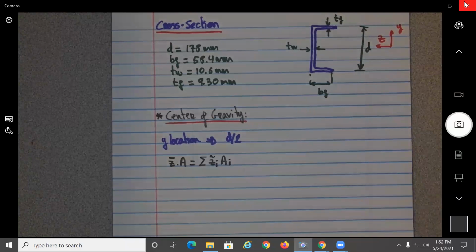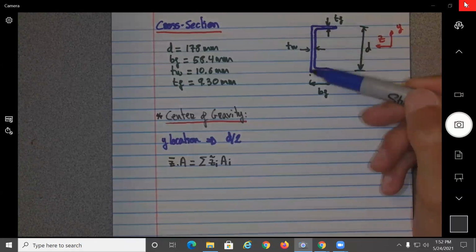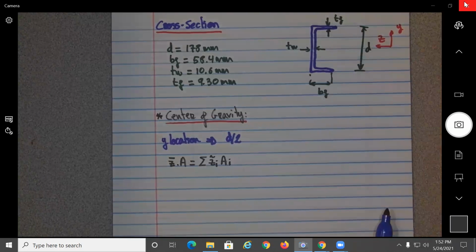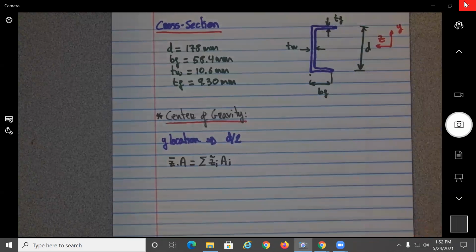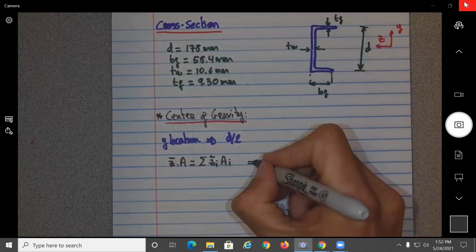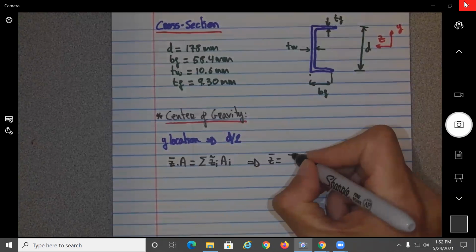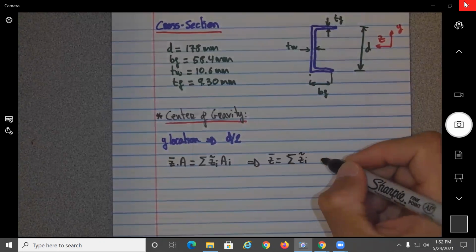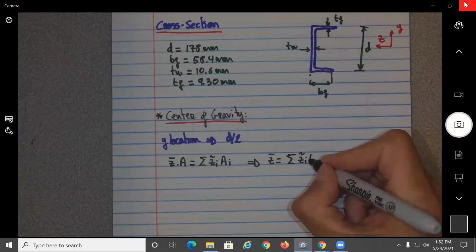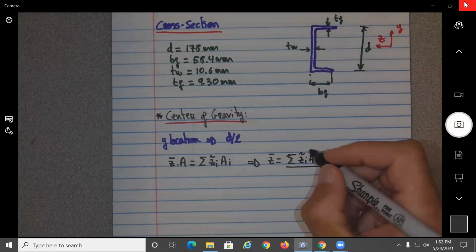by the area of all the different components. So in this case, what could be different components? Could be the top flange, the lower flange, and the middle web. Okay, and from this equation, you balance the moments, and what this gives you is that Z, the location, is equal to the summation of the Z location of the center of gravity for each one of the different components divided by the total one.